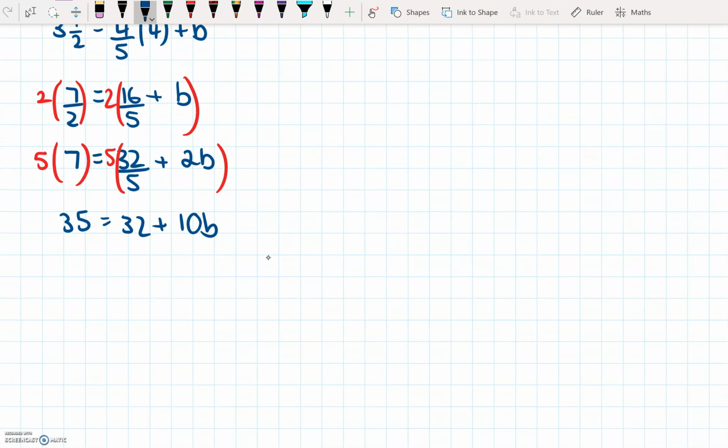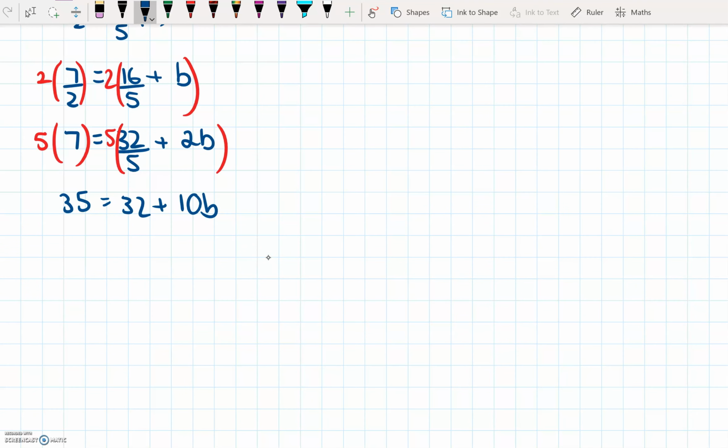Now we want the 10b by itself, so let's minus 32 on both sides. So 35 minus 32 is 3 is equal to 10b. Then we're going to divide by 10. And we always write our variable on the left. B is equal to 3/10. That's actually quite nice.